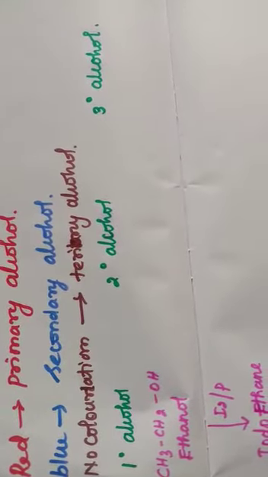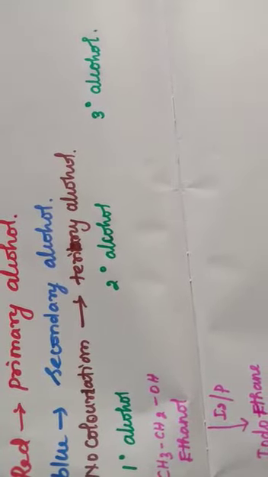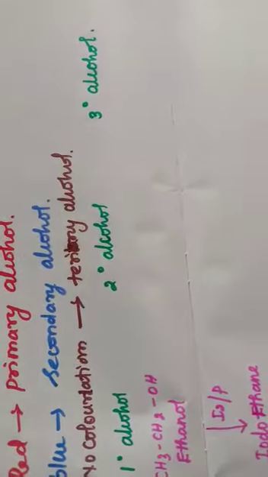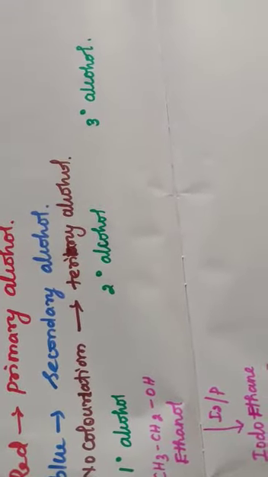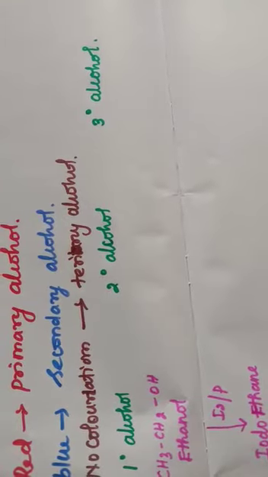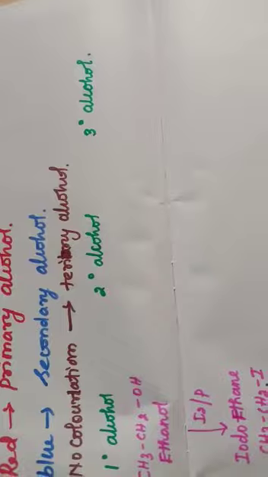Now this iodoethane is treated with AgNO2 and we will be getting nitroethane, that is CH3CH2NO2. The name of the compound is nitroethane.